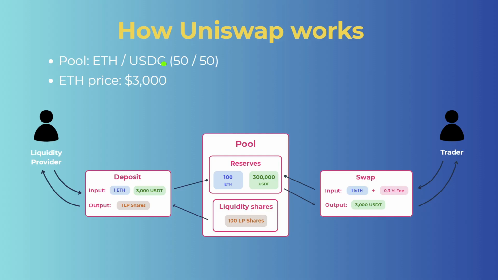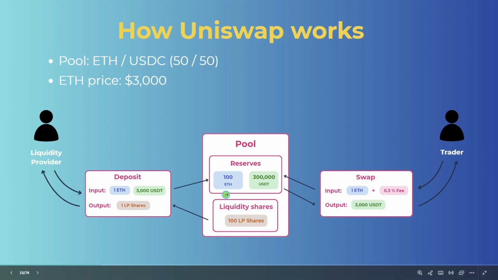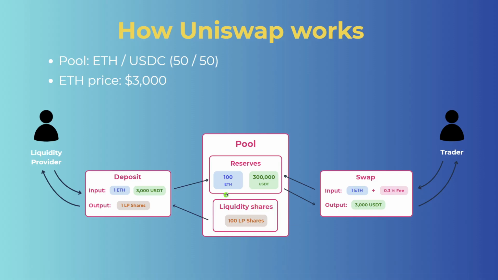Of course, the 50-50 refers to the value. So the total value of one token must be equal to the total value of the other. As we can see here, there are also the liquidity shares, which are other tokens provided to the person that deposits, that provides liquidity.